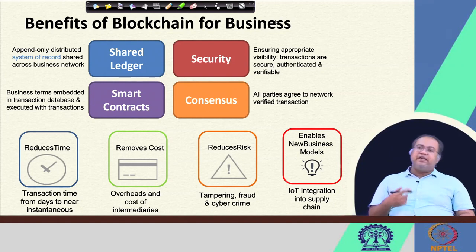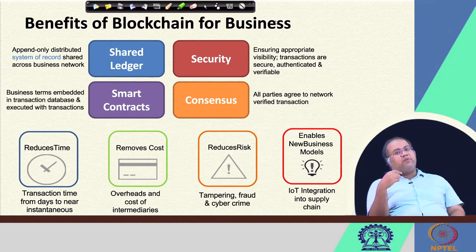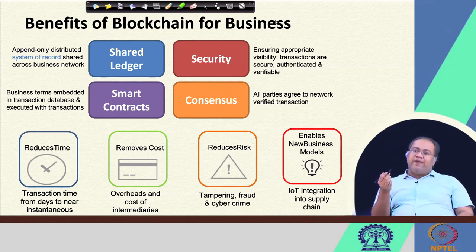So, every transaction that is happening in a blockchain based system, anyone can verify it, and the way we are executing the transactions remains anonymous, but at the same time the person who is going to claim that transaction can claim it in a secure way. So, that is the kind of power which is provided by the blockchain.